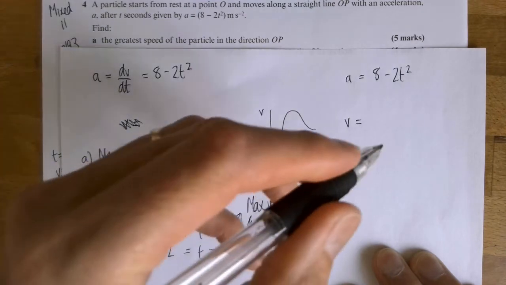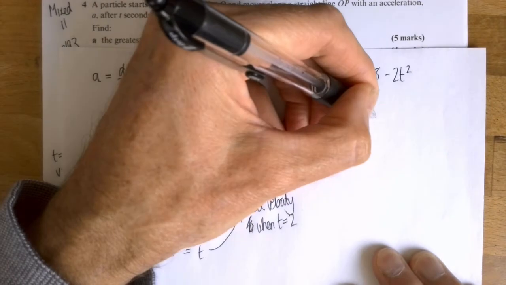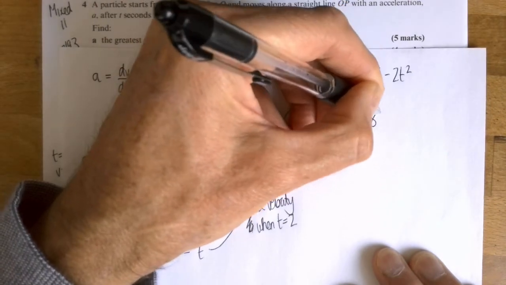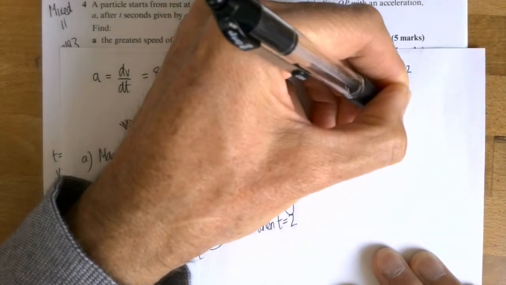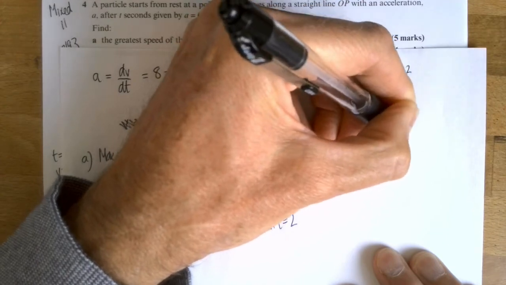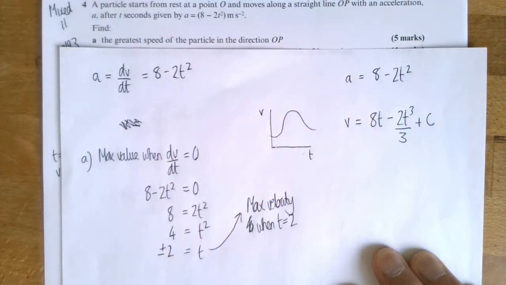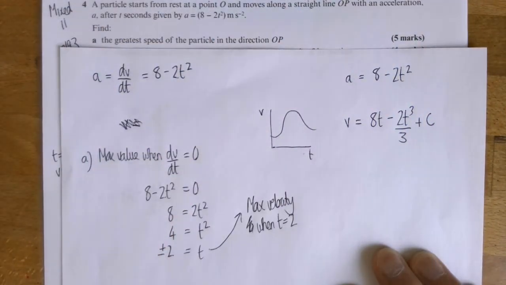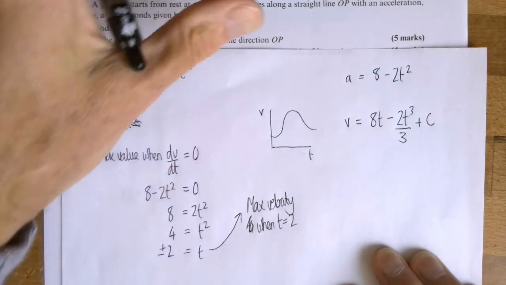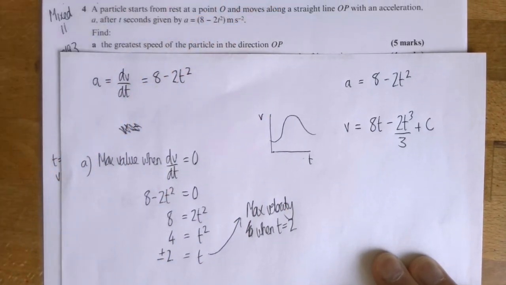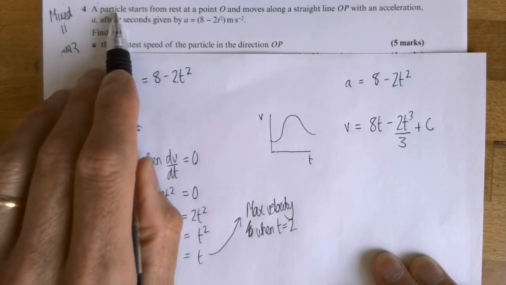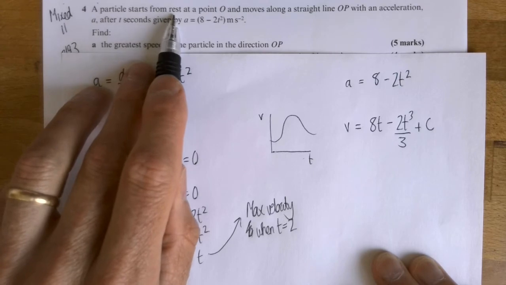And we have a problem when we integrate that, because I've got that pesky plus c there, and we don't appear in the question to be given a pair of values to substitute in. Except we are, because we're told a particle starts from rest.